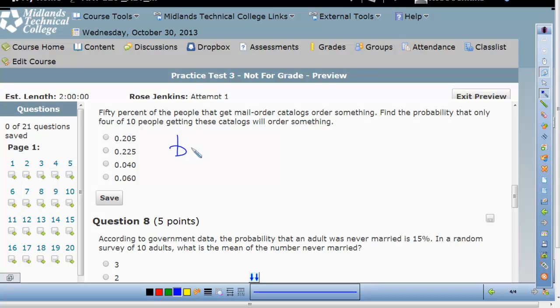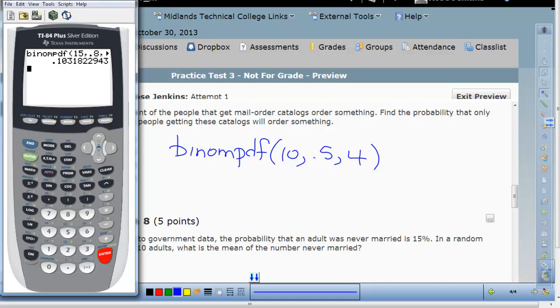So we're going to use, again, Binom PDF. N is 10. P is 0.5. And X is 4. Okay, very good. You have to put it in that order. NPX. Okay.